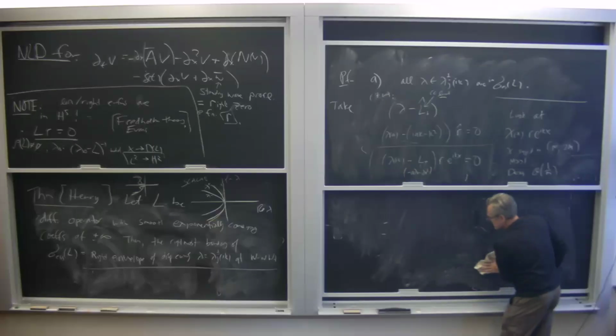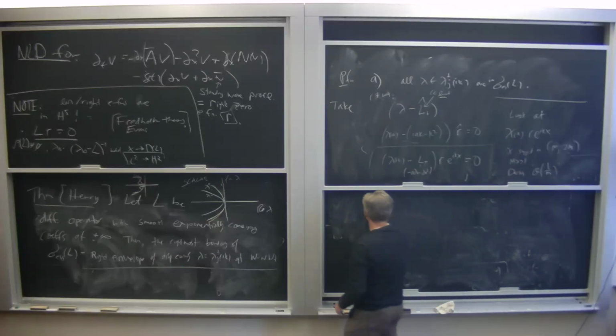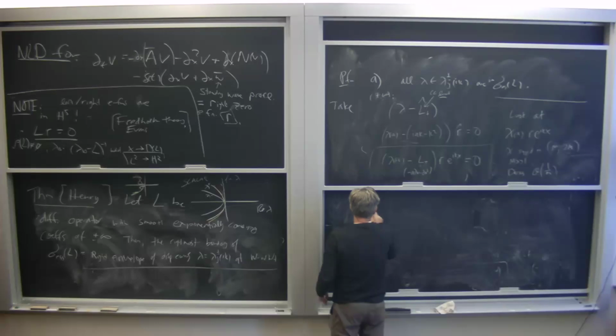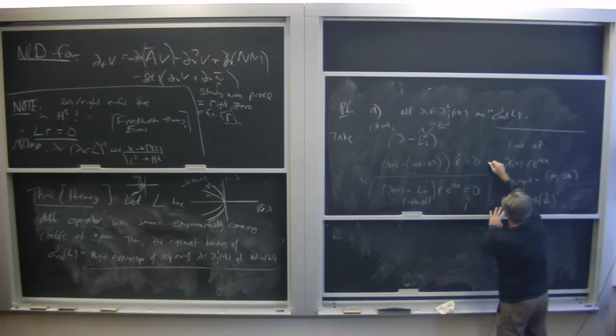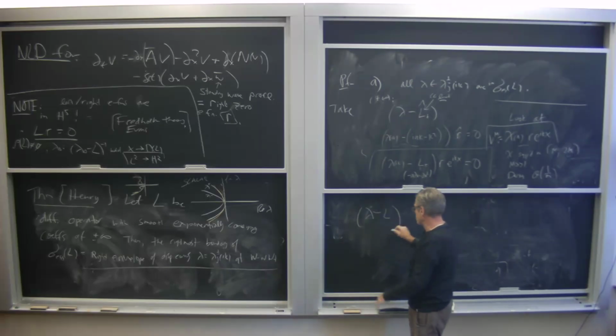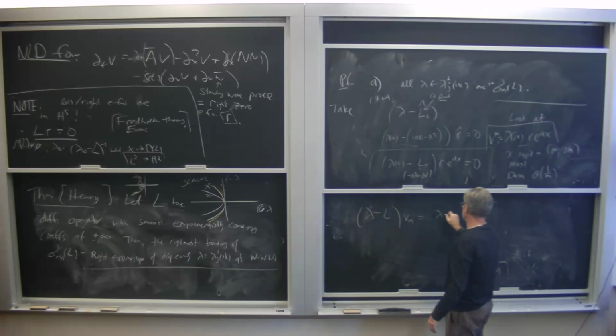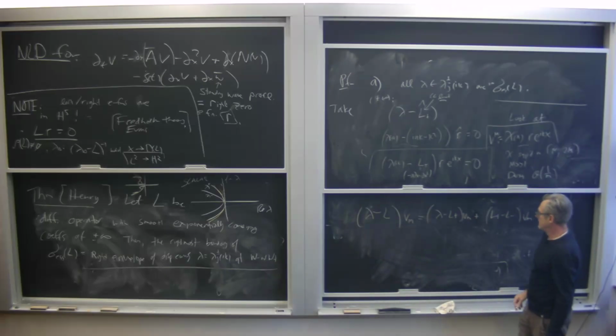Now I've made a wave packet out of it, and that is in L2. But if I take lambda minus L, and let's call this Vm, this is the actual variable coefficient. That is equal to lambda minus L plus applied to Vm, plus L plus minus L applied to Vm.